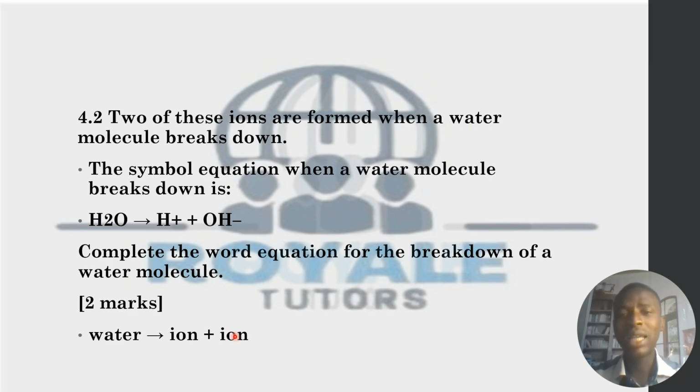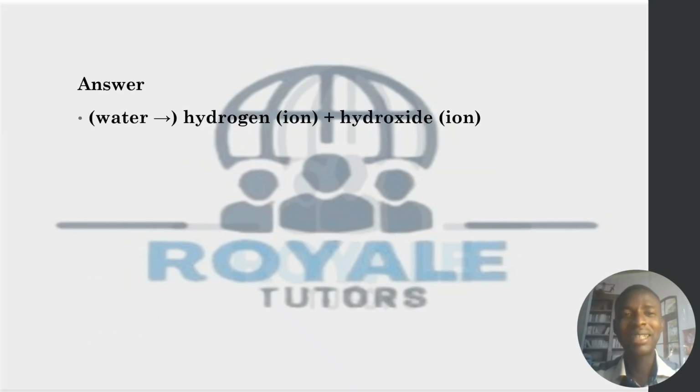The moment you can say this, already you have your 2 marks. What exactly are we expected to say? As simple as possible: water gives hydrogen ion, H plus, plus hydroxide ion, OH minus.